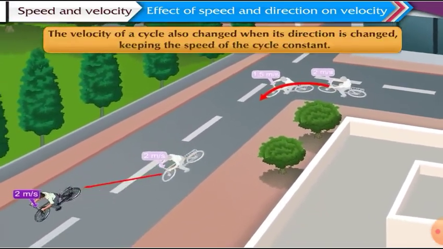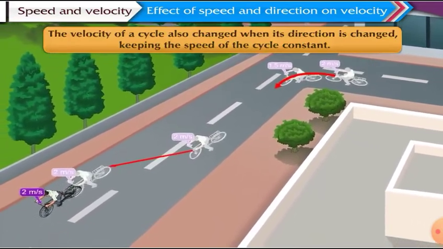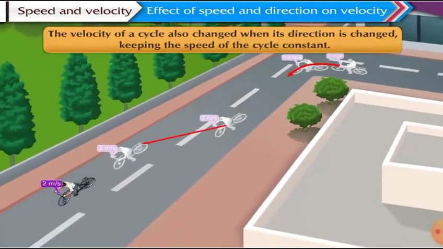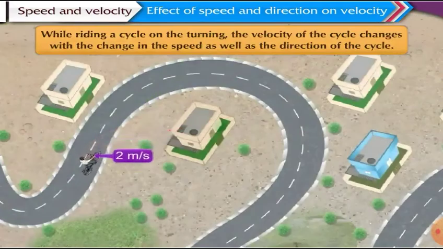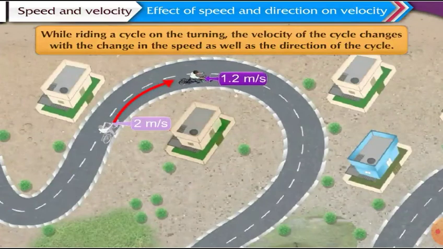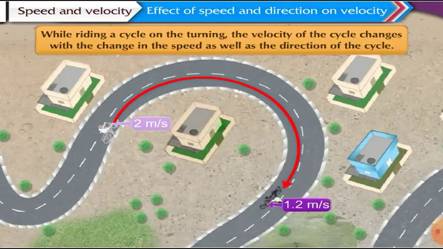Later, Sachin kept the speed of the cycle constant and changed the direction. Even at that time, there was a change in the velocity of the cycle. Then, while riding the cycle on the turning, Sachin changed the speed as well as the direction. Even at that time, there was a change in the velocity of the cycle.